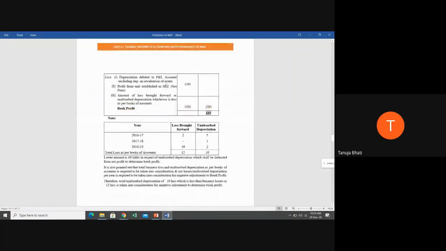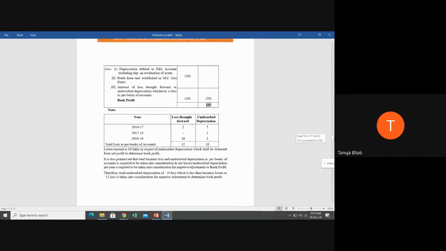The columns have moved up, so it is not on the same line. The depreciation debited is 10 lakhs. In case of profit from units established in SEZ, there is no specified list for deletion from the net profit, therefore we are not considering it, so it is 0. And the amount of loss brought forward and unabsorbed depreciation, whichever is less, is 10 lakhs. So our book profit comes to 137 lakhs.